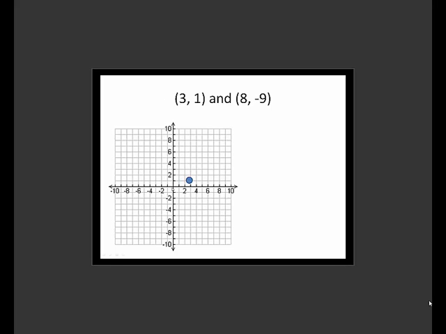My next one, I start in the middle, go to 8, and then I'm going to go down, plummet all the way to -9. Put a dot there. Now I'm going to connect these dots, and I have a line, which represents the data that we had in the table. Now, where does the line cross the y-axis?